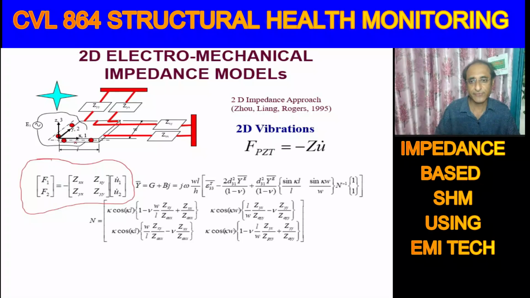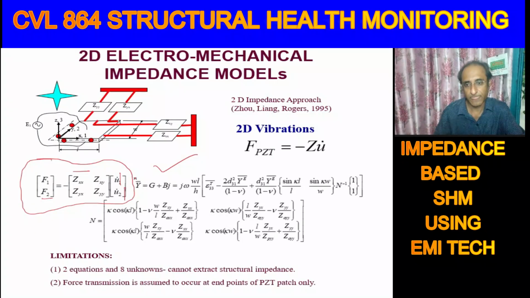Because the interaction is 2D, the force along axis 1 is related to both the velocities u1, which is along the x-axis, and u2, which is along the y-axis. Both contribute. Similarly for F2. Based on this, they derived one complicated expression for the 2D case.